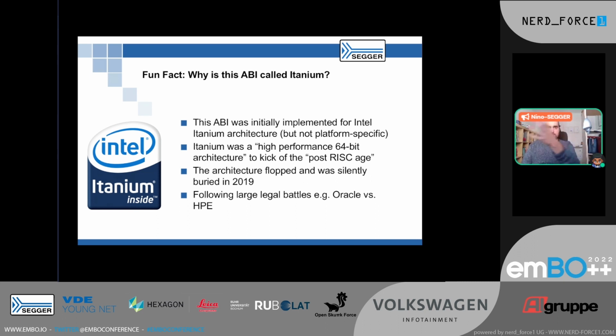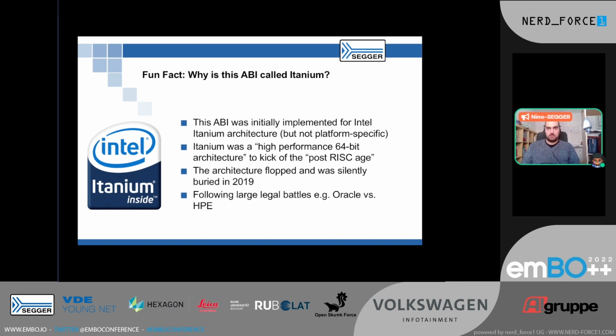Essentially, they created this ABI for this architecture, but it was luckily not platform specific. That's why it was picked up by this project, because it could be ported relatively easily to other architectures. To finish the story, the architecture actually flopped, so marketing was maybe a bit ahead of its time.